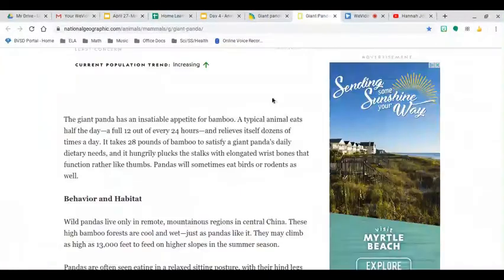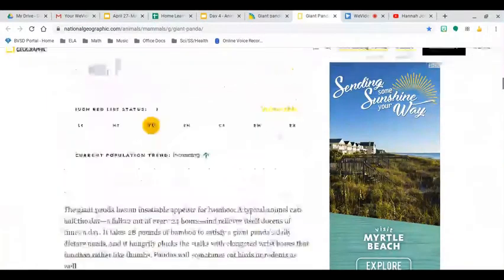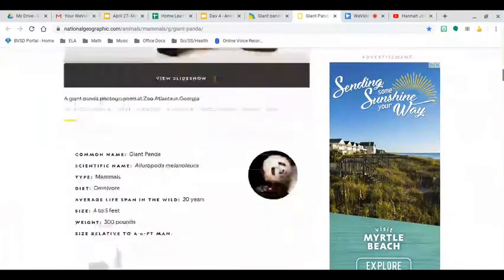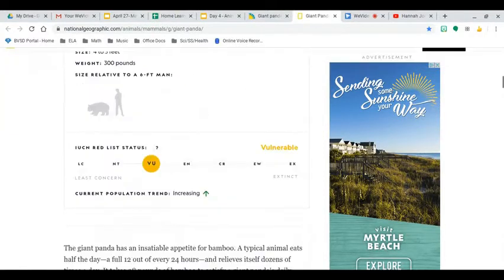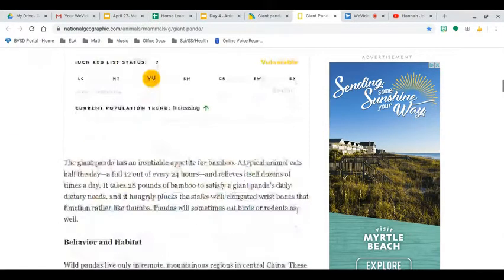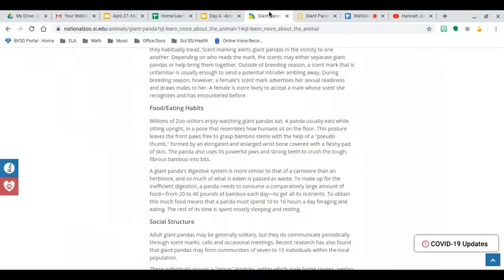There was also information on the National Geographic one. Up here it said diet omnivore, so that means that it eats both plants and animals, but that didn't feel like enough information for me. And then even down here there was one paragraph, but I wanted to make sure that I had lots of information to use, so I used another resource.